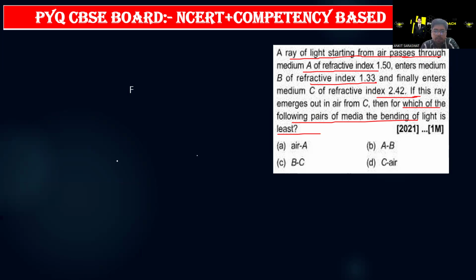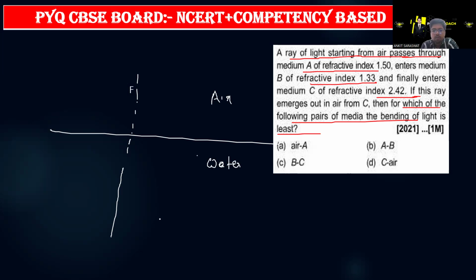Just look at this diagram. For example, this is any glass slab or any interface. Here is glass, water, and here is air. I have just taken this case to help you understand. Now look at this. Here the light ray is coming like this.